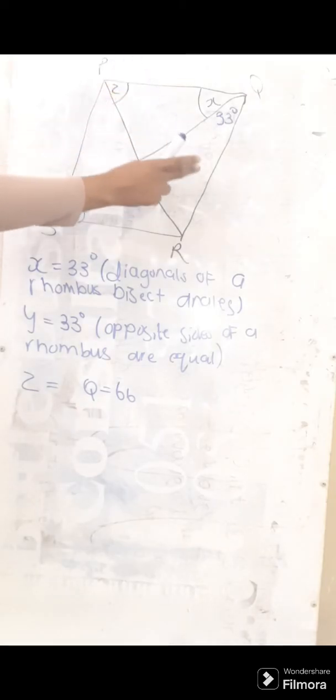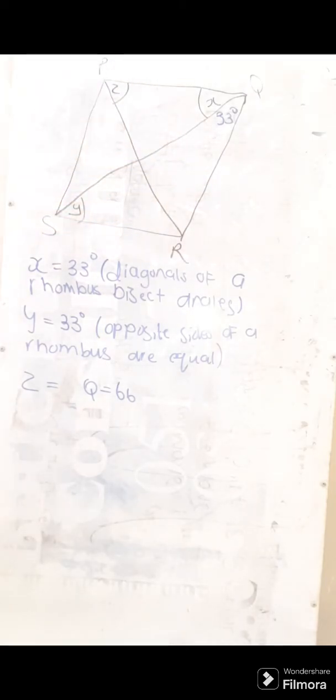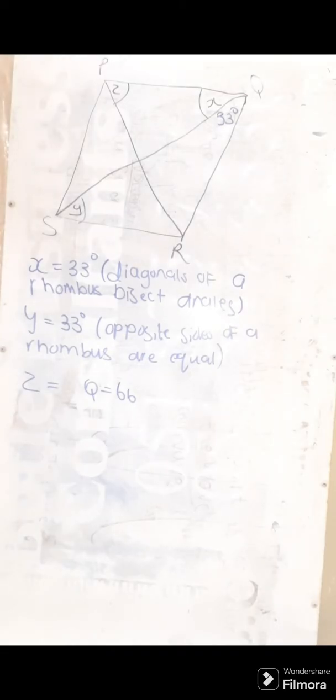So when we have 66, on this triangle that we have here, yes, we have P, triangle RPQ or QRP, it doesn't matter. So Q is 66, right?